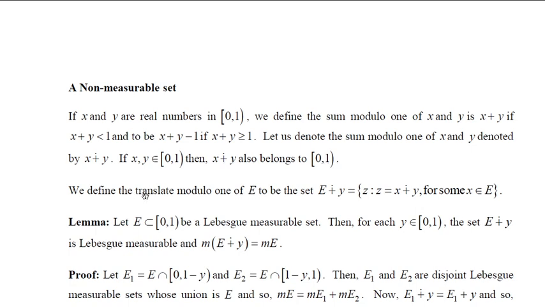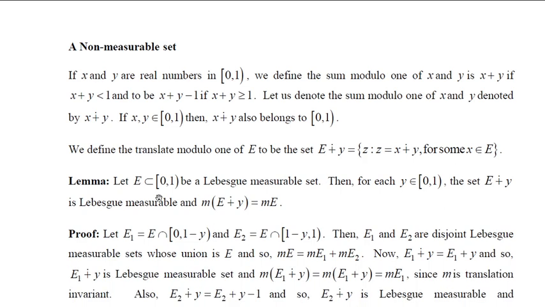Now similarly, we'll define the translate modulo 1 of E to be the set consisting of all elements of the form z, where z is the sum modulo 1 of x and y for some x in the set E. Now we'll come to a lemma. Suppose E is a subset of [0, 1) and it is a Lebesgue measurable set.